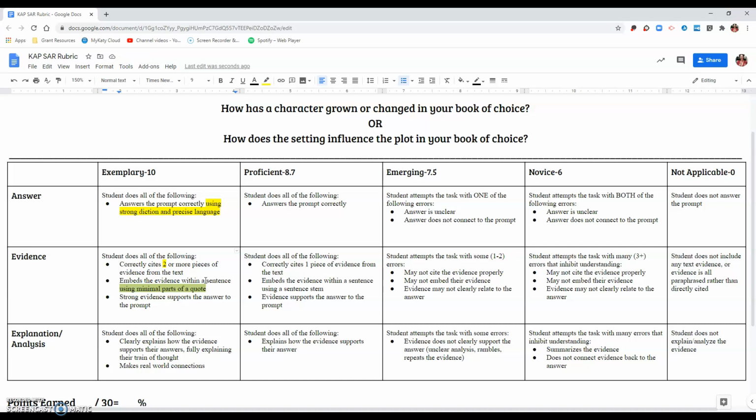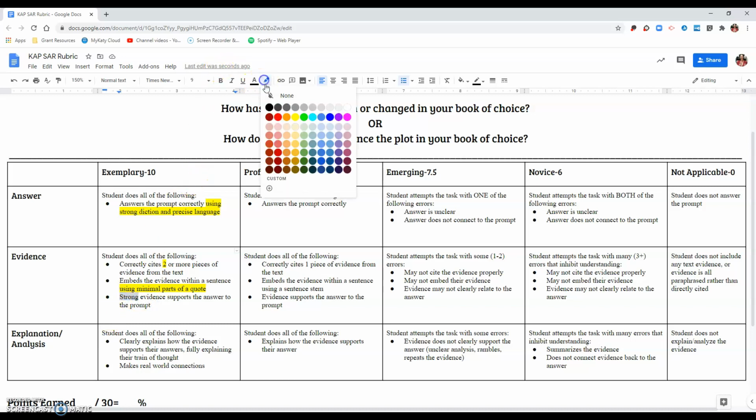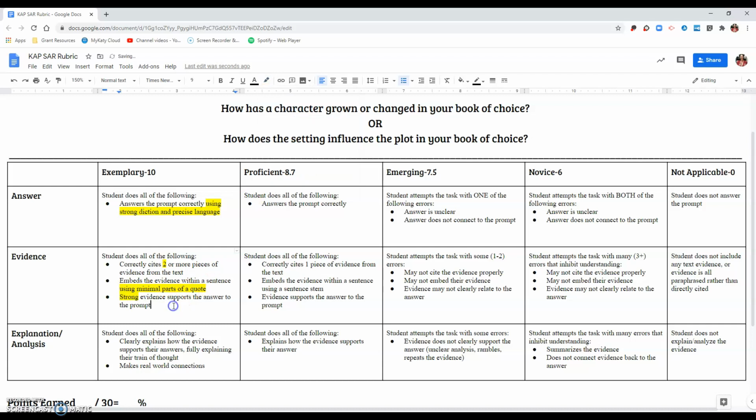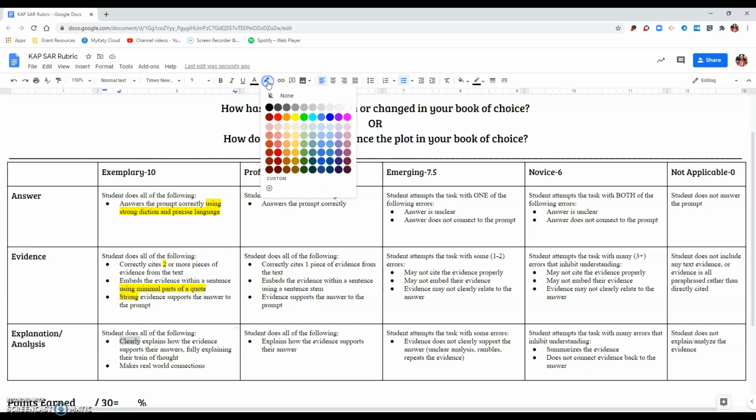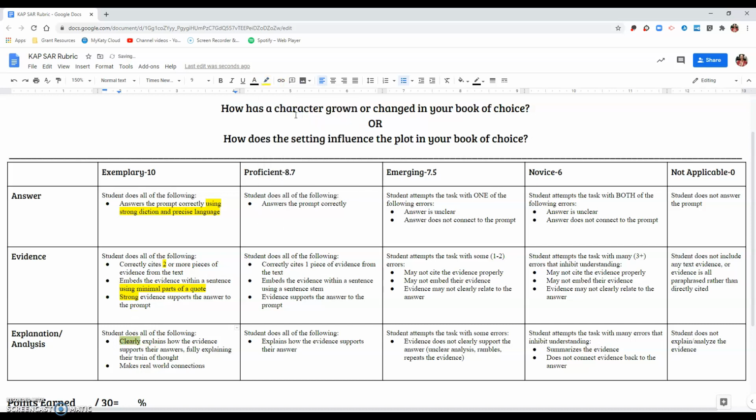That's what would get you exemplary rather than using one or multiple sentences from the text. And then finally, your strong evidence supports the answer to the prompt. So it is very strong. There's no question that this evidence supports your answer. Okay? And then finally, in the explanation, the difference between exemplary and proficient is that it clearly explains, so it's very clear how your evidence supports your answer.